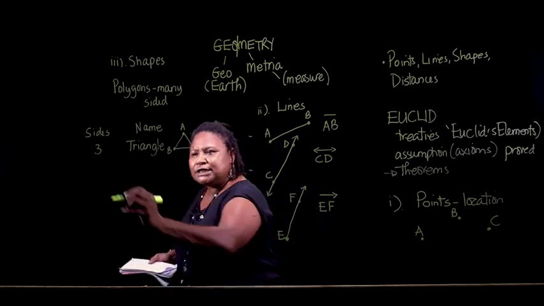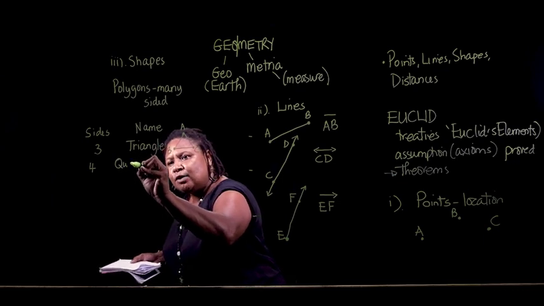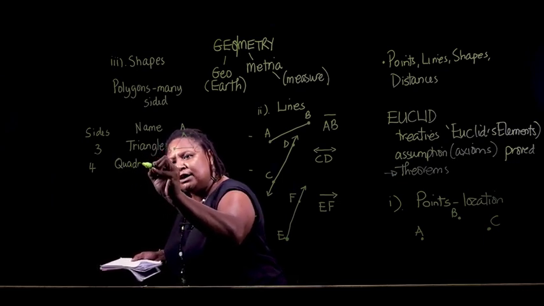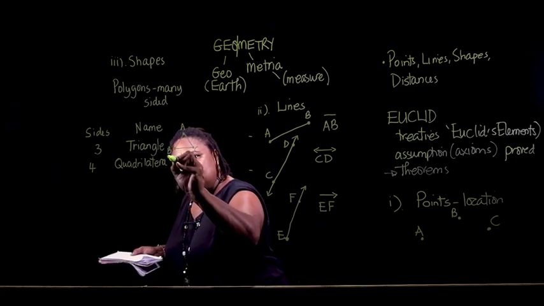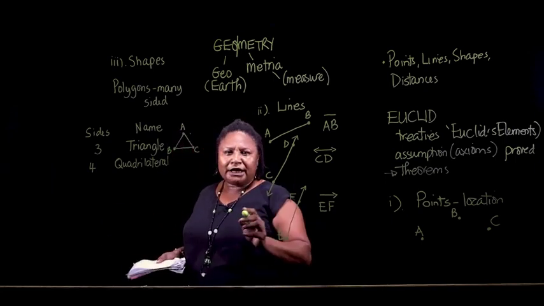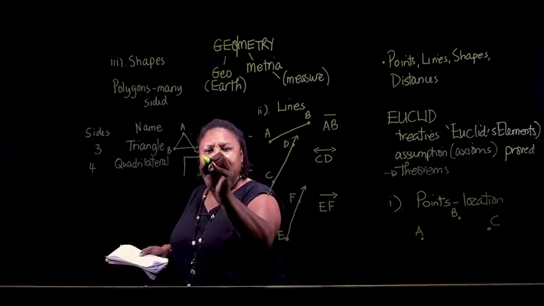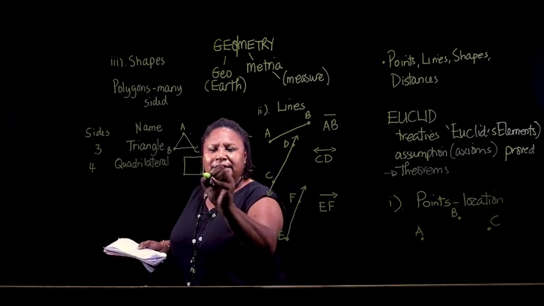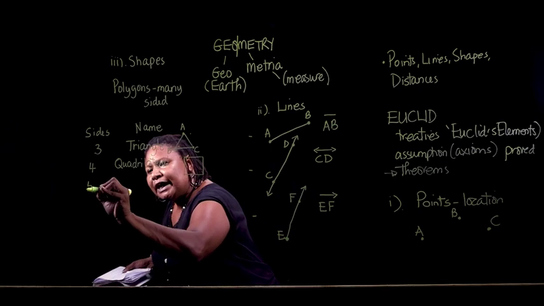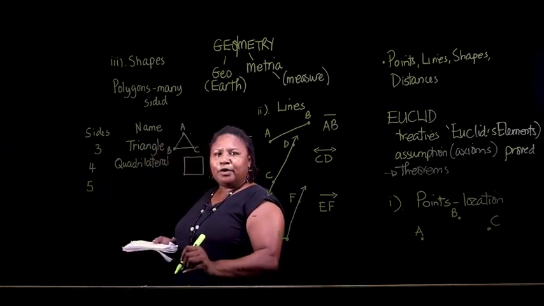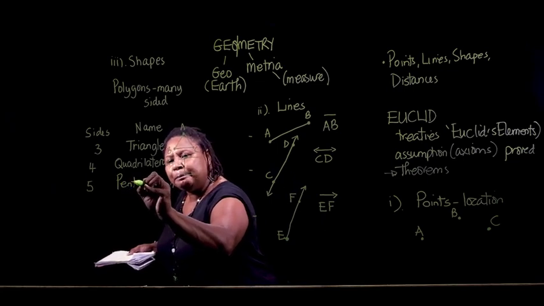The four-sided shape is known as the quadrilateral. Quad meaning four. You've learned there are many different quadrilaterals, but the most popular one is the square. Then we have the five-sided polygon, which is known as the pentagon.